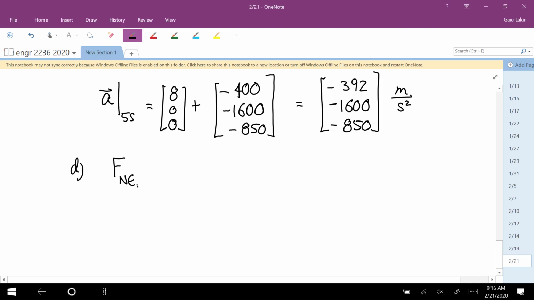Well, F net is equal to the mass times the acceleration. So that's equal to 2 times this vector we just calculated. Kilograms? Oh yeah, 5. Thank you. Negative 1600, negative 850.